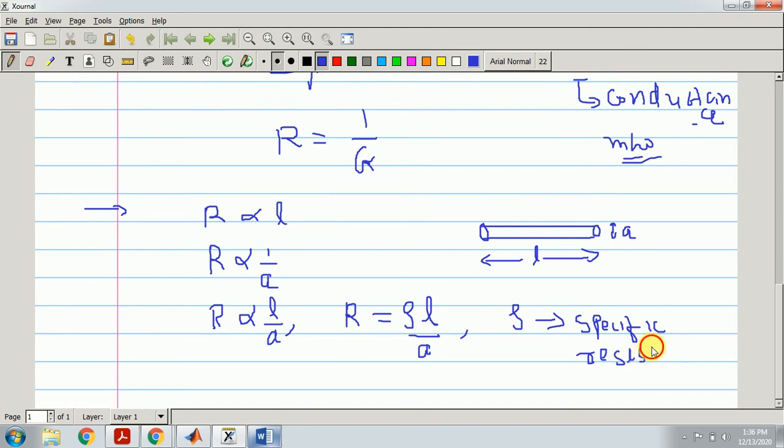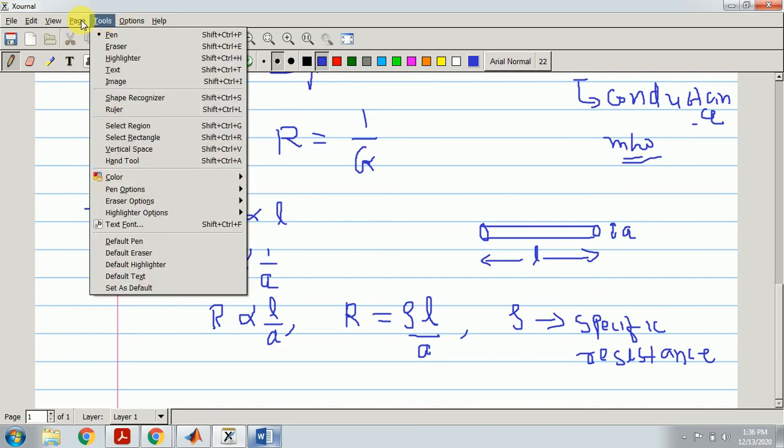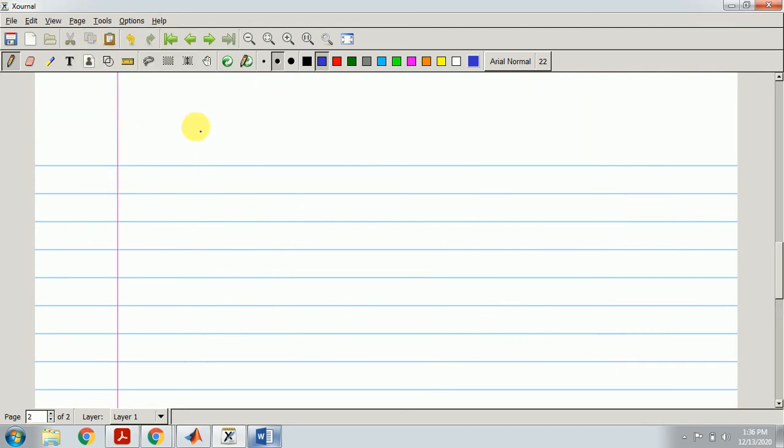Now what is the unit of specific resistance? And then we will solve one or two examples and then we will end this video. So we have the standard formula of resistance, R equal to rho L upon A. Now first let us find out the unit of rho. Let's make rho the subject.